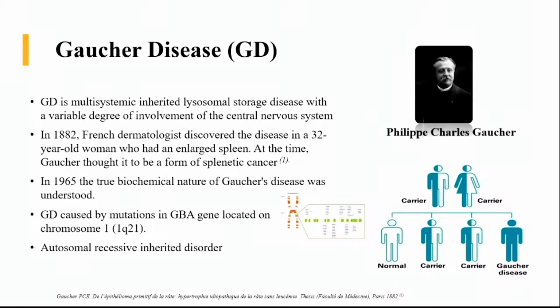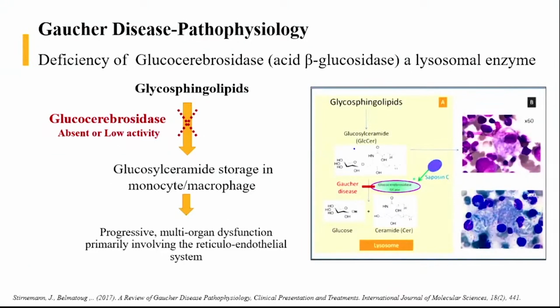The parents should be carriers, and there is a 25% chance of having a child with Gaucher disease in each pregnancy, another 25% chance of having a normal child, and a 50% chance of being a carrier like both parents. So what's the problem in Gaucher disease?